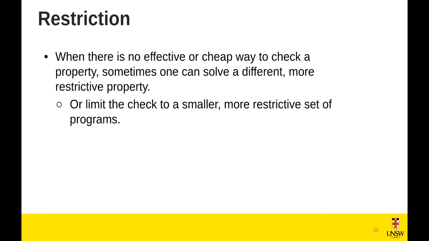And the third principle here is called restriction. So sometimes the properties of the programs are very hard to check or validate. This is especially obvious when we are doing formal verification.